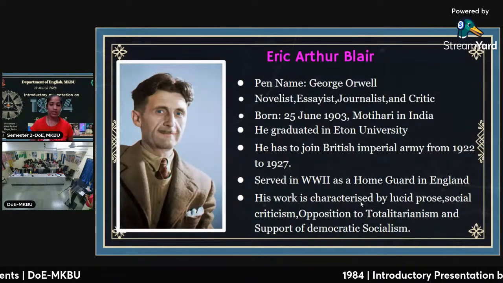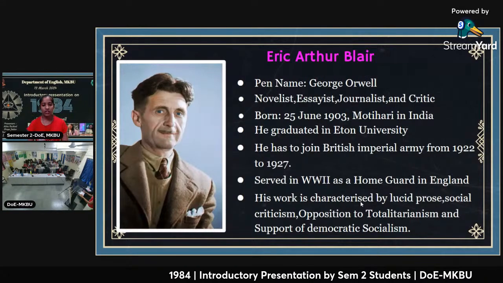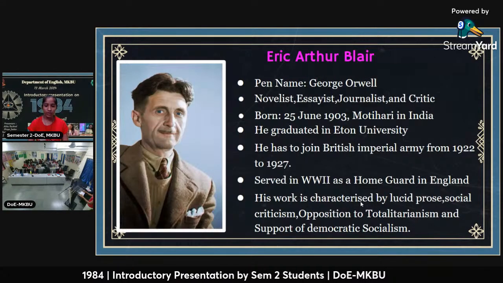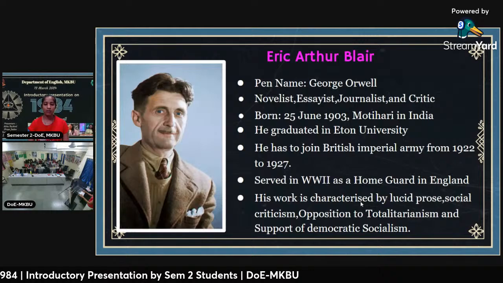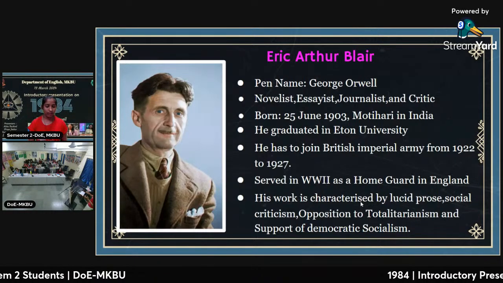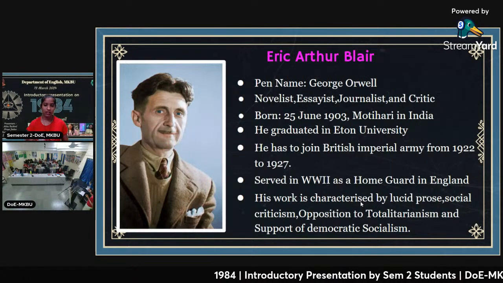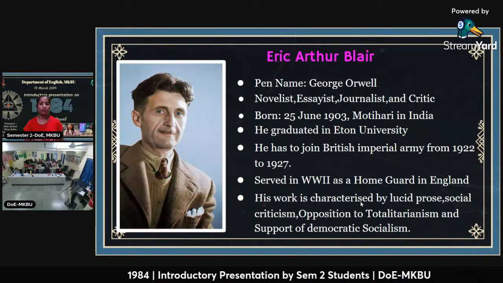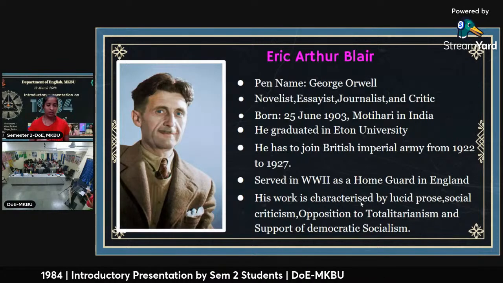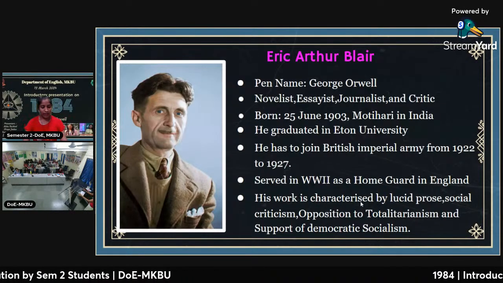His work is characterized by lucid prose, social criticism, opposition to totalitarianism, and support of democratic society. We can say that he was a champion of individualism and freedom, because he also wrote his work against totalitarianism.